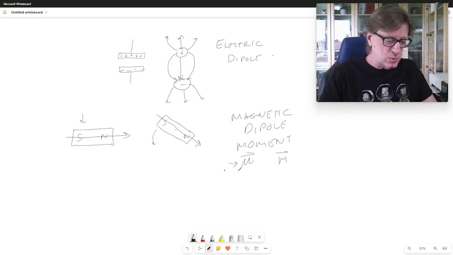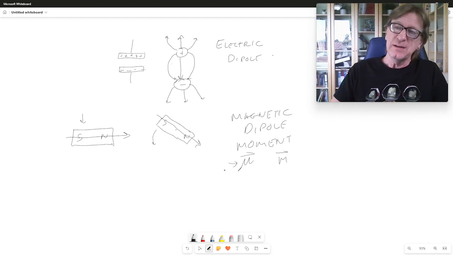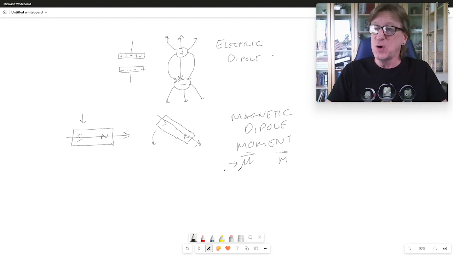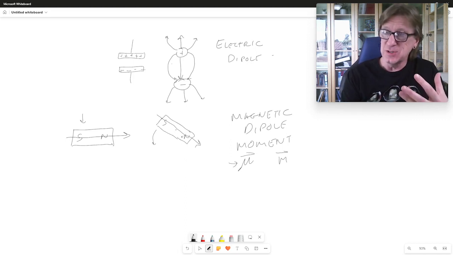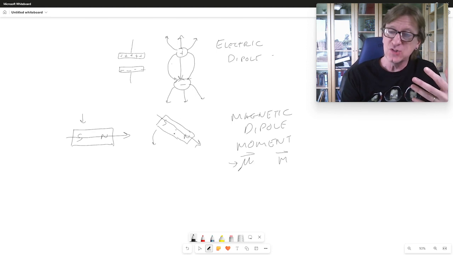All right, so in microtask 1 then, what kind of quantity is the magnetic moment? Well, we've got an arrow over it, so you probably figured out it's a vector. But the key thing here is that it has a direction. It has a strength, a magnitude. That's what's determining how strong this magnet is. But it also has a direction.